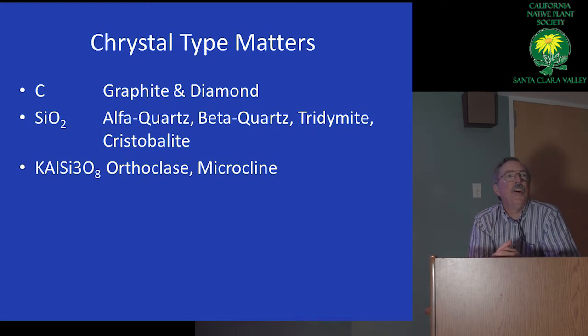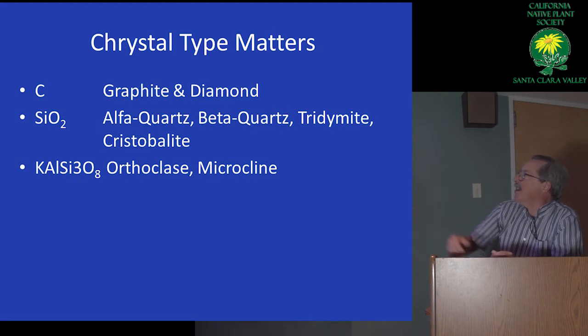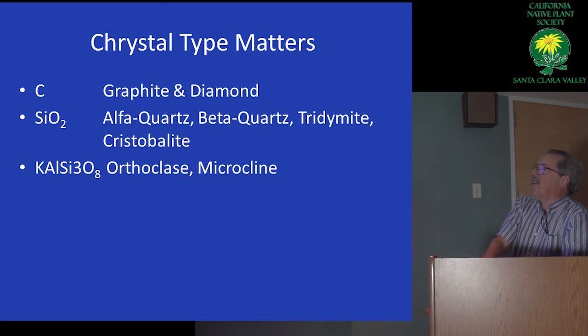Diamond: clear, hard, the hardest natural substance known. Silicon dioxide can be 4 different minerals depending on the pressure and temperature at which it formed. And same thing with the K feldspars. There are 2 different kinds. There are actually several more besides that, but those are the 2 most common.